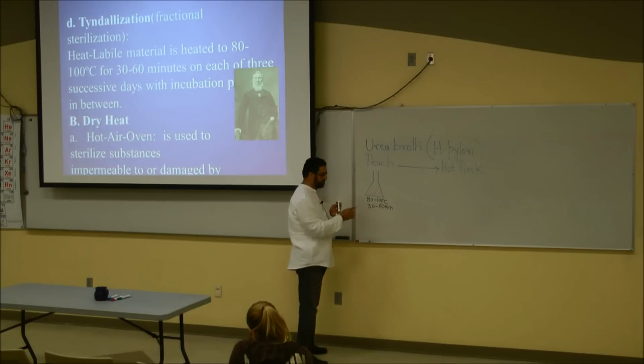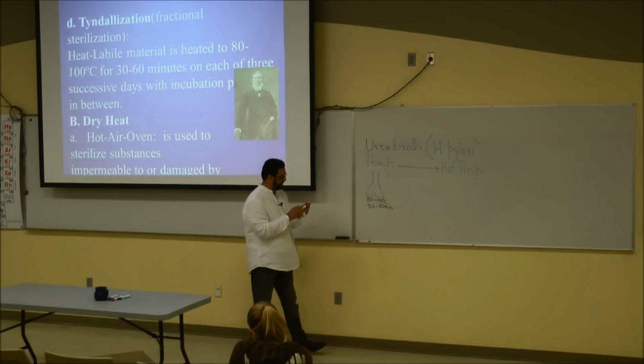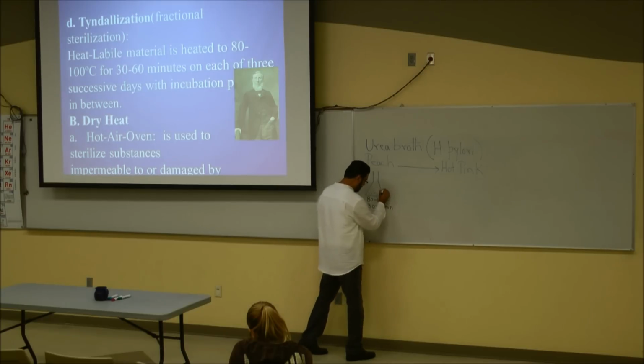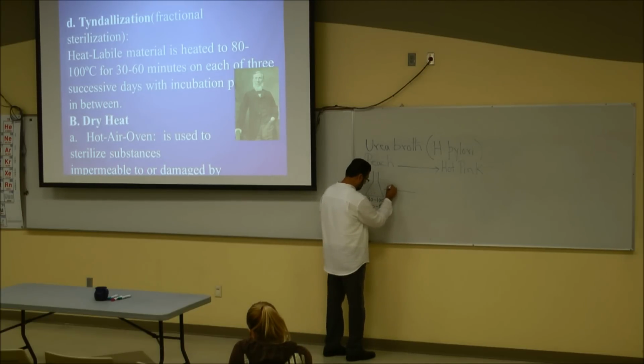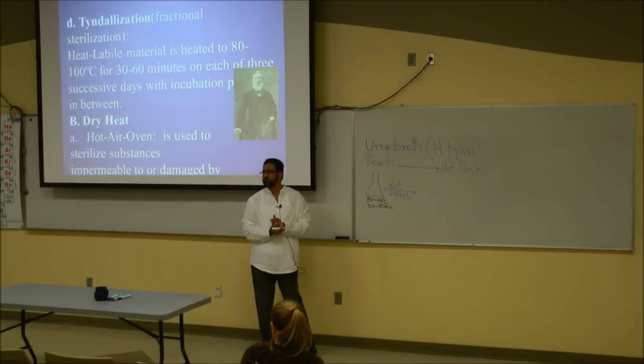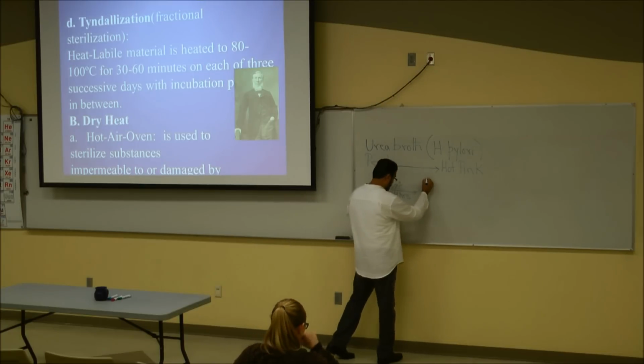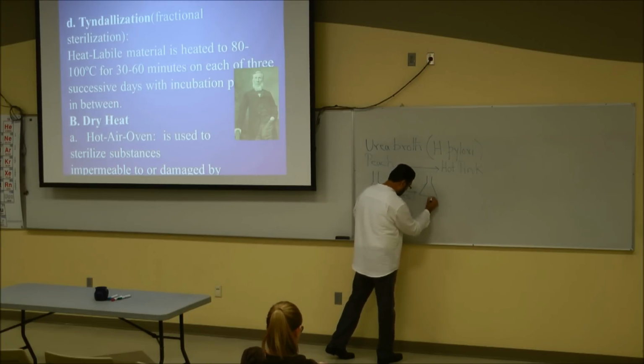What would this do? Kill off any vegetative cell that may be present. Then you do what? Incubate, 37 degrees for 24 hours. What will that do? Allow the endospores to germinate. So endospore will germinate, and then you repeat the process of heating the second day.